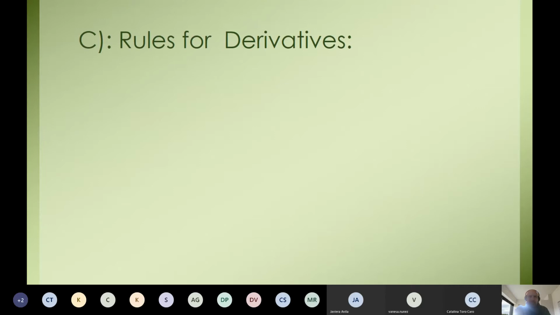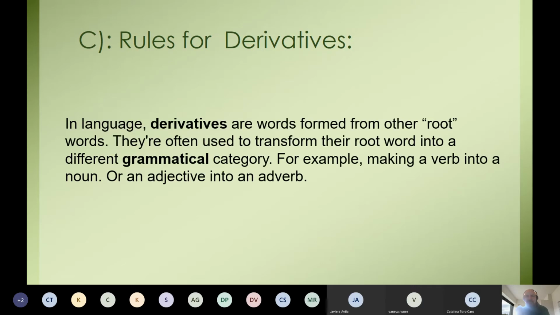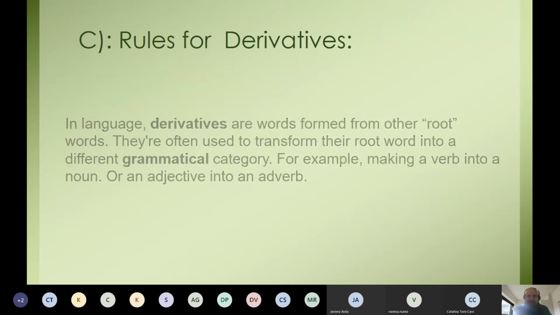The rules for derivatives. If you don't know what a derivative is, this has to do with grammar. They are words formed with a root, and then a suffix is added at the end, or a prefix is added at the beginning. Okay, and what are some of the rules that are applied to these words? This is what we're going to see now.